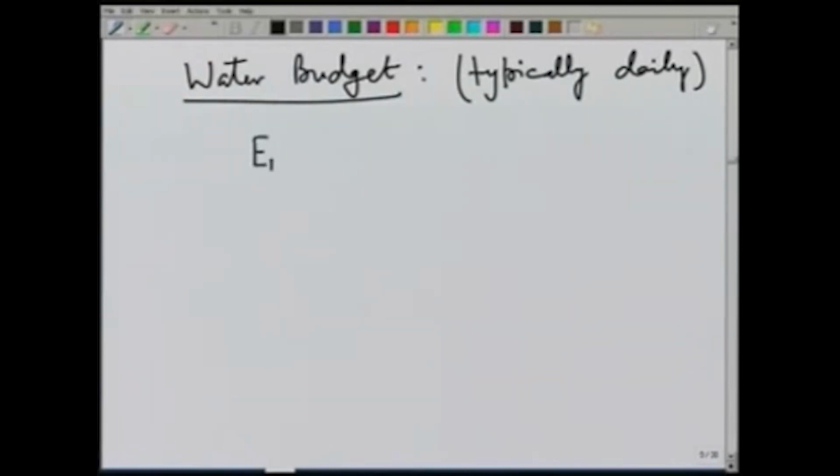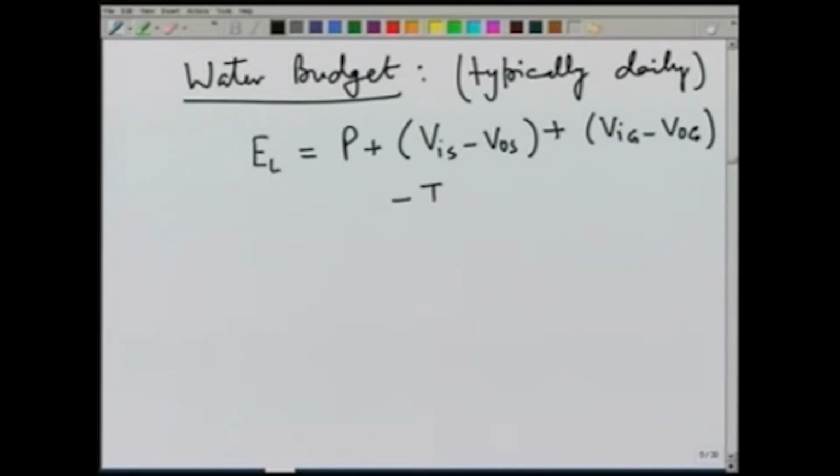And using the water budget, we can write an equation like this. So, the lake evaporation or evaporation from the water body can be related to the precipitation.